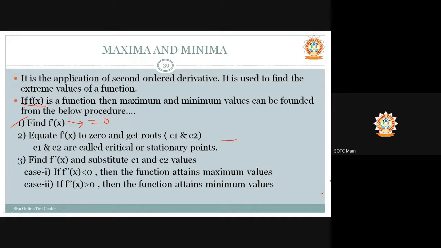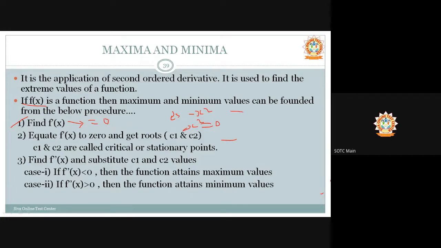Sometimes the equation is given as x cube minus x square plus something, in x cube. If you do the differentiation, it will become of the order of x square. If you equate this x square ordered equation, or polynomial, you will get some roots. Maybe here you will get 2.